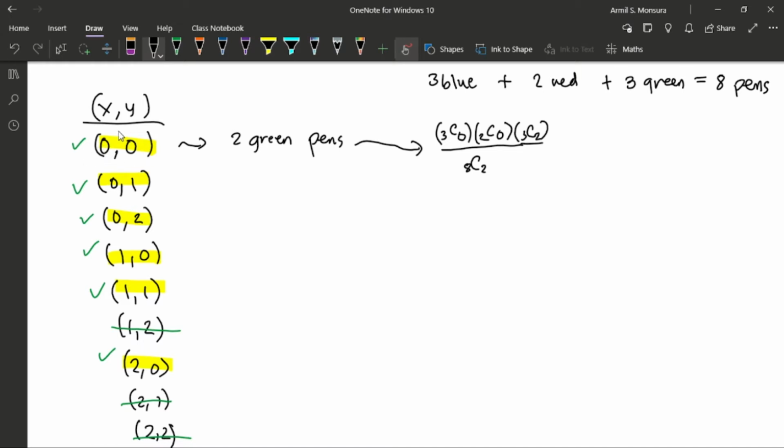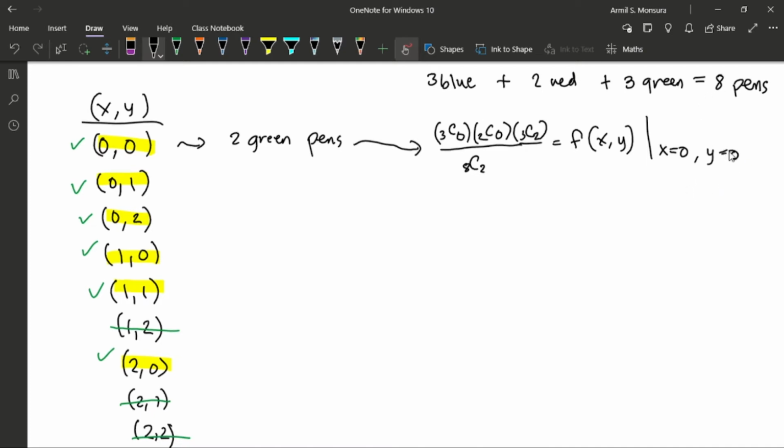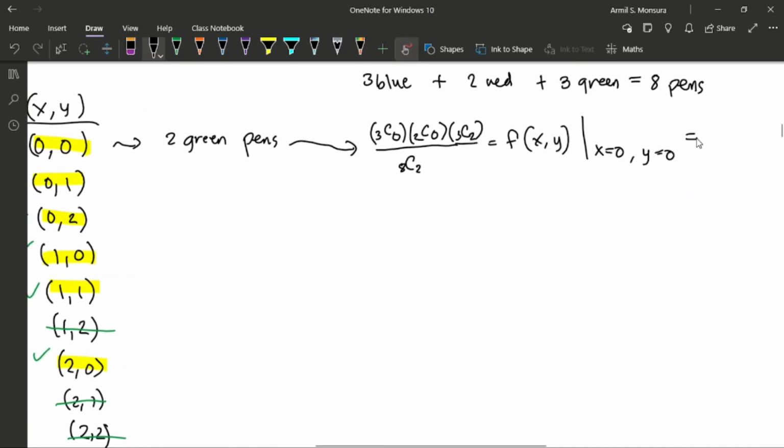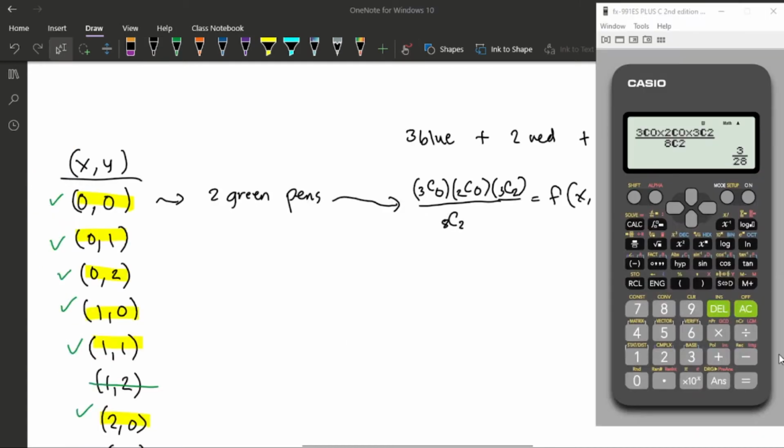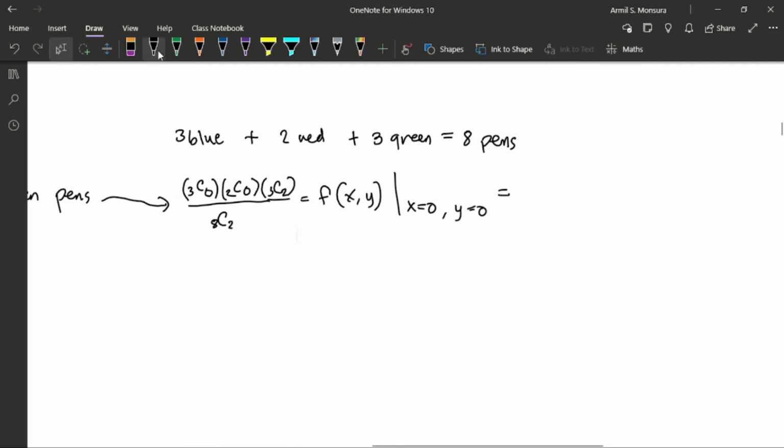the value of the function, the value of your f of x, y, when x is 0, or 0 blue pens, and when y is 0. Okay, so that should compute to say 3/28.